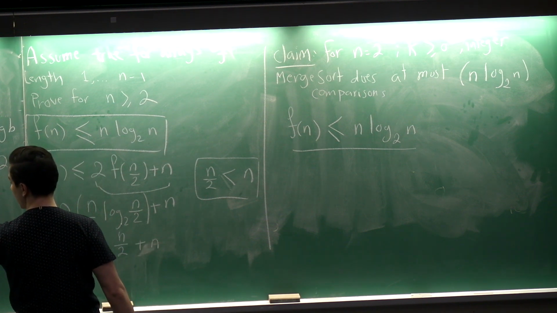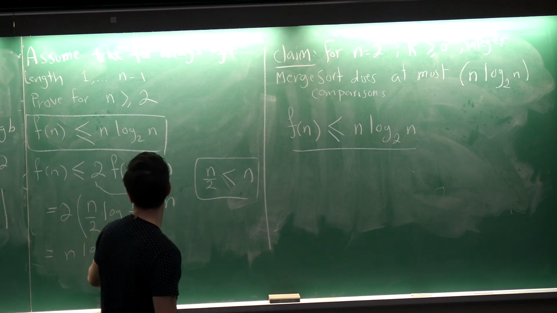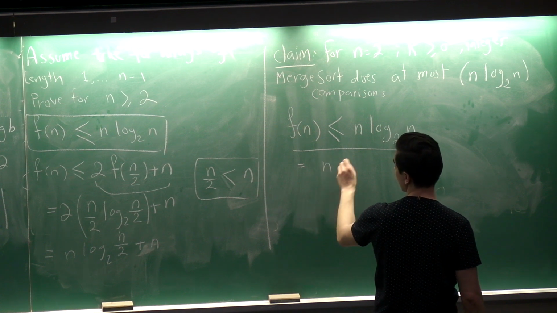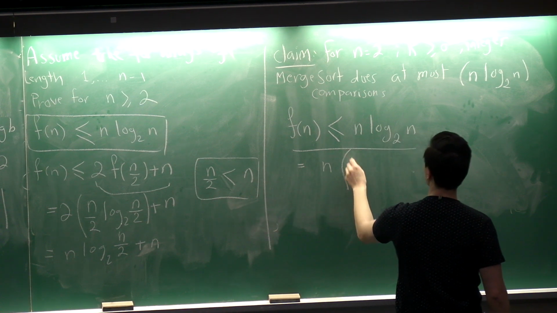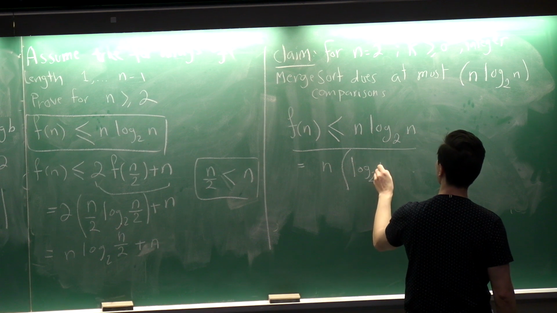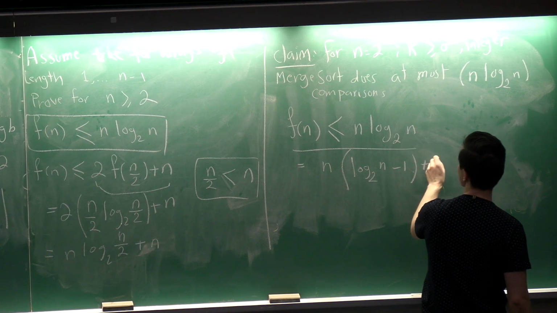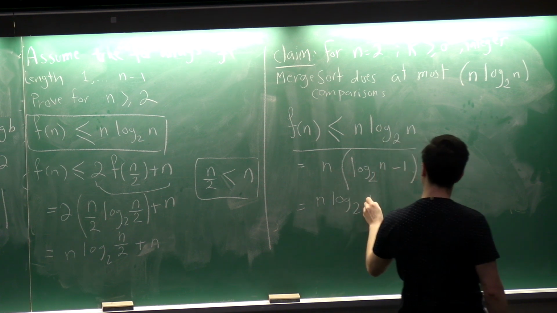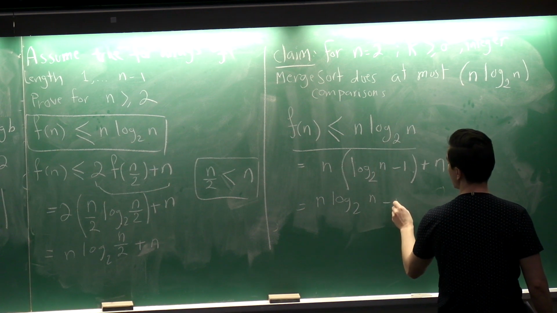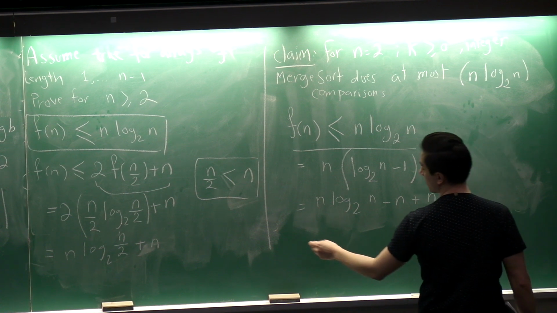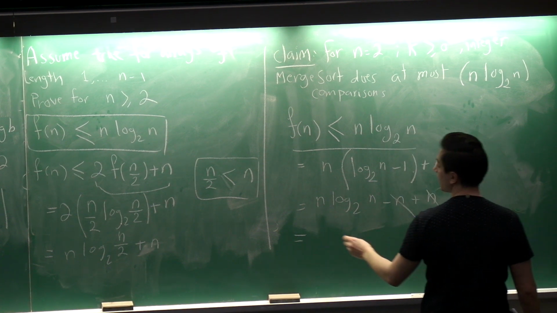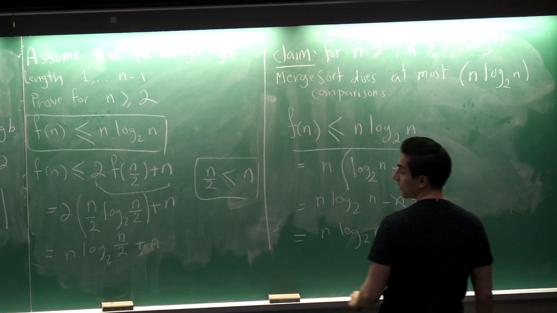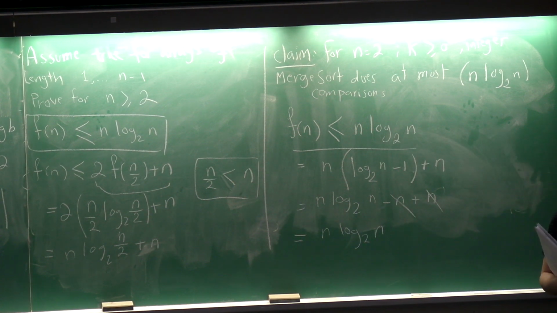So we can bring it here, which means this is going to be equal to n multiplied by log base 2 of n minus 1 plus n, which is equal to n log base 2 of n minus n plus n. The n's will cancel. We get n log base 2 of n, and that's what we're looking for, right?